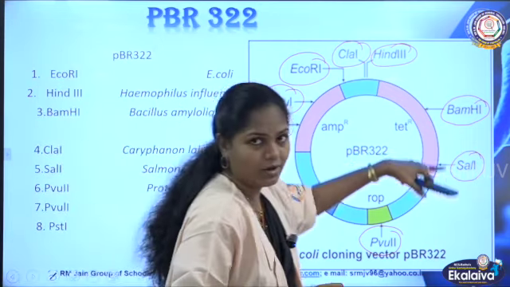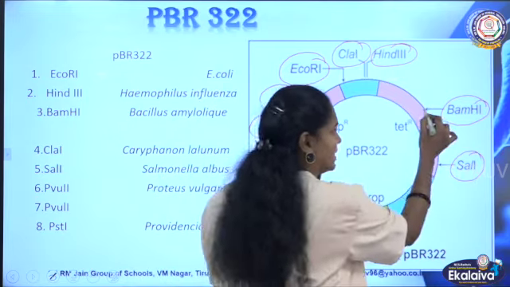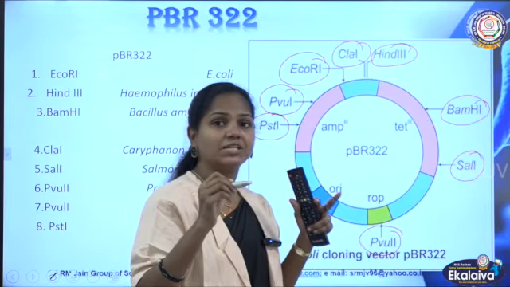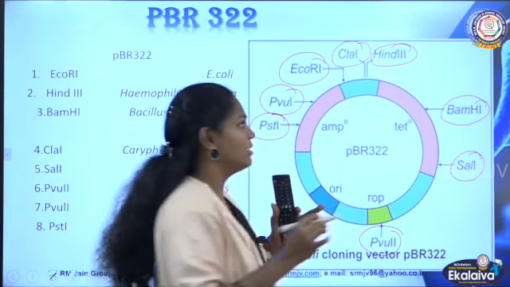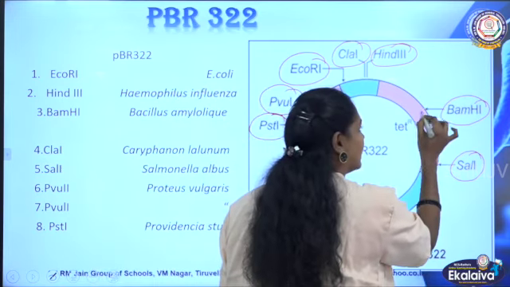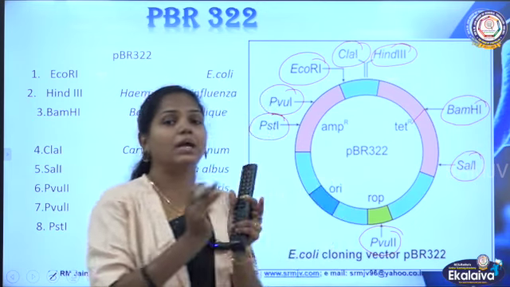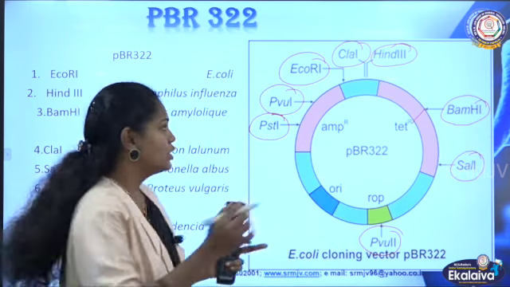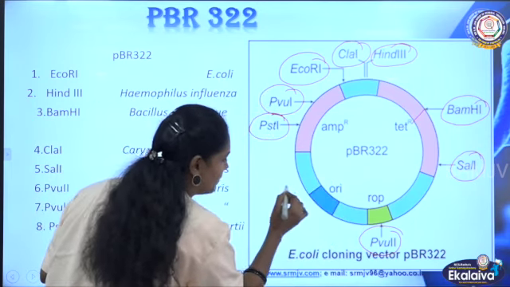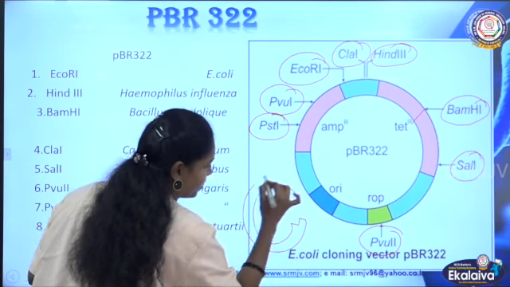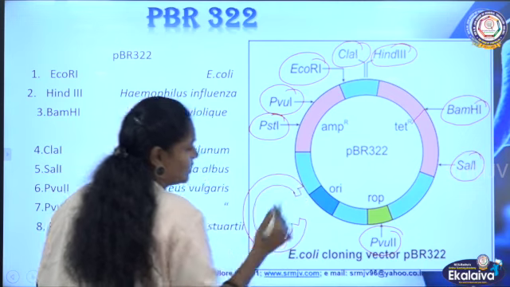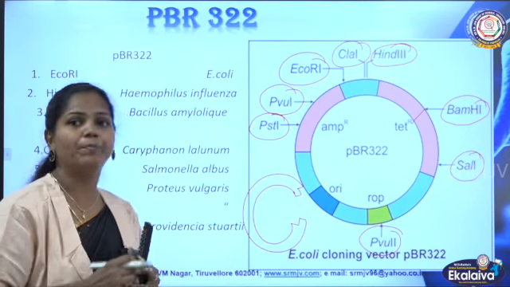When you use a restriction enzyme, for example BamHI, that enzyme will go and cut the DNA at this site. So, it will cut open the DNA, and the plasmid DNA will open like this.